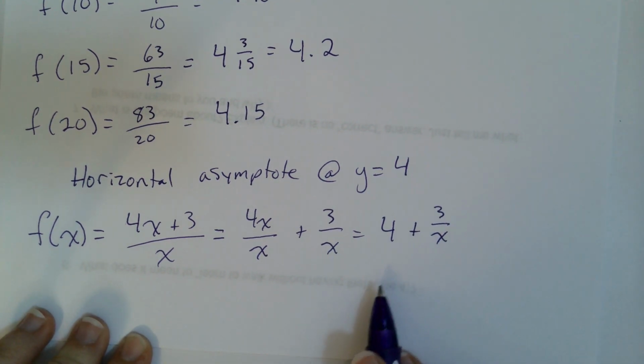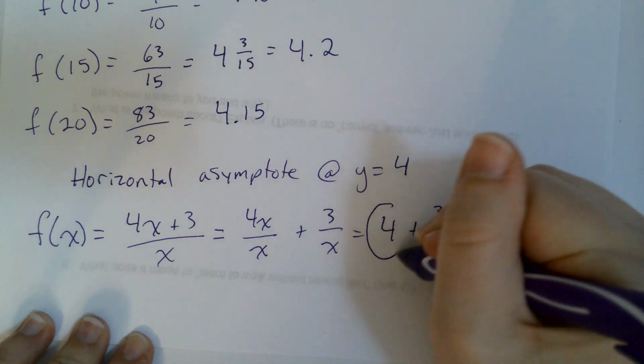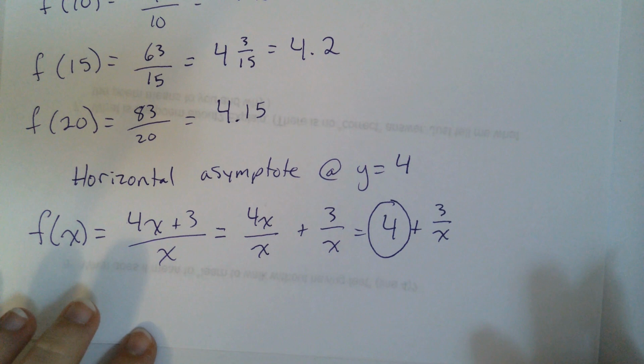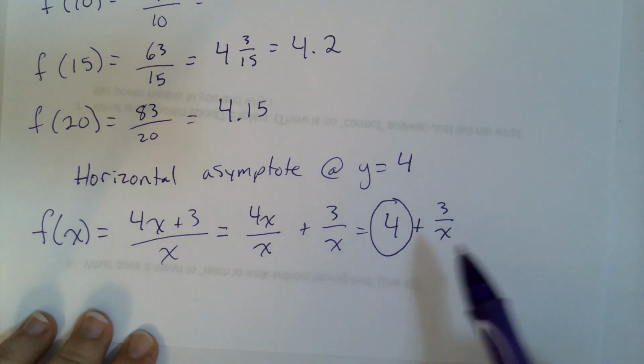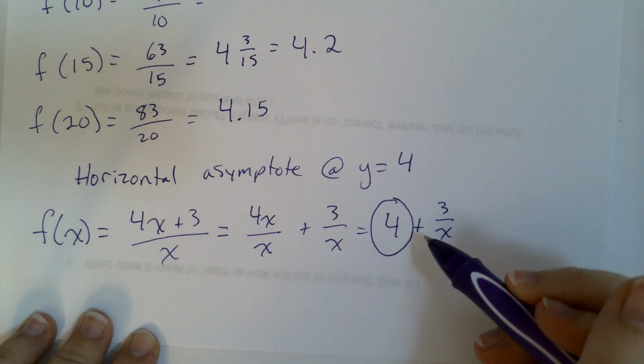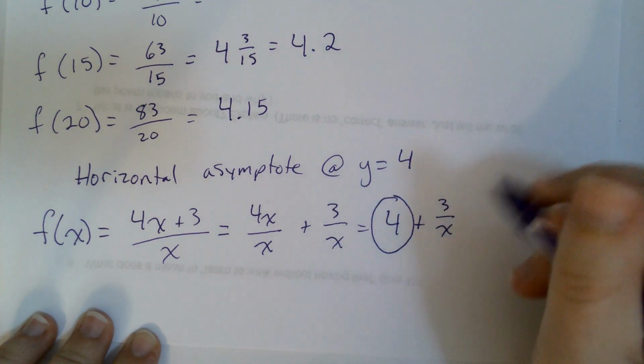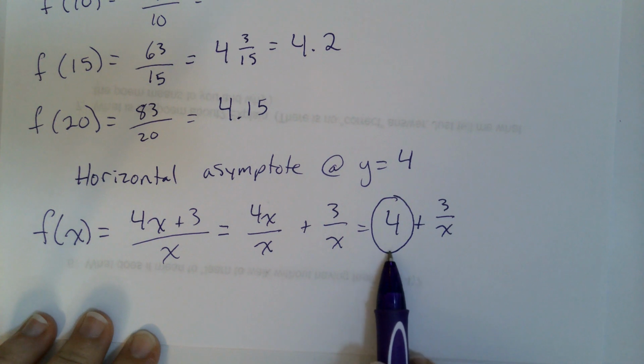So you'll see here, now we just have a 4 here. That's our horizontal asymptote. So if you have a function in this form where you have a constant plus some kind of rational expression, your horizontal asymptote is this constant here.